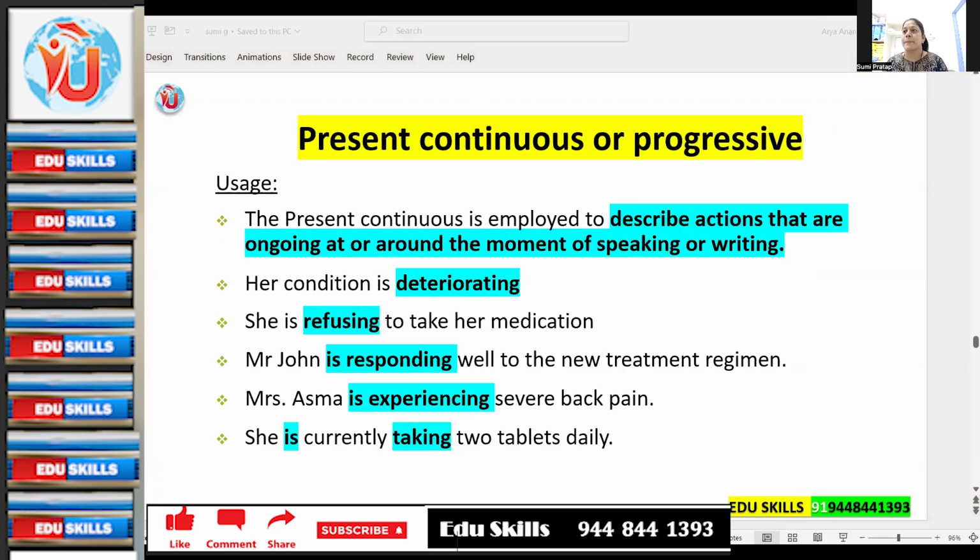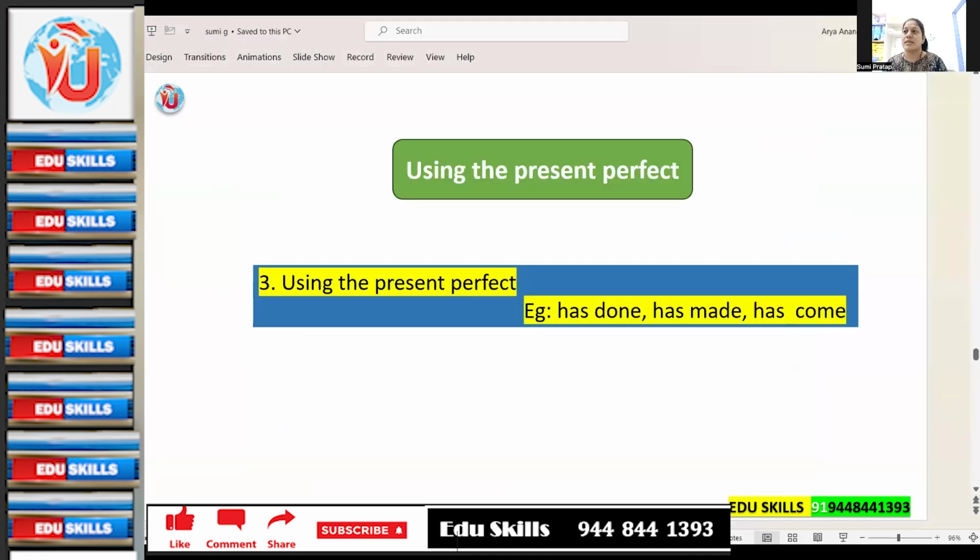Okay. The fourth one, we can go for the present perfect, which we are always using in letter writing. It's very important, this one. The present perfect is always has done, has made, has come. But when it comes to the present perfect, there is a structure for this: subject plus has or have.